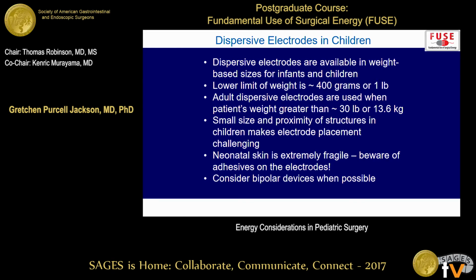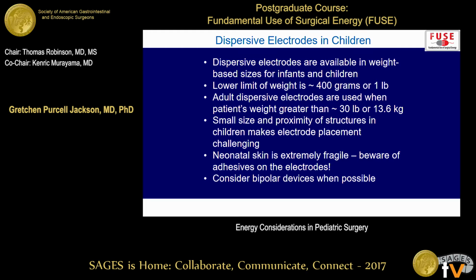The rules for dispersive electrodes and where to place them are the same for children as they are for adults, and as always, you want to choose a well-vascularized site, something that is close to the surgical site, but does not contain bony prominences or any implants or scar tissue. I will reiterate some of the rules because it is just more challenging in children.